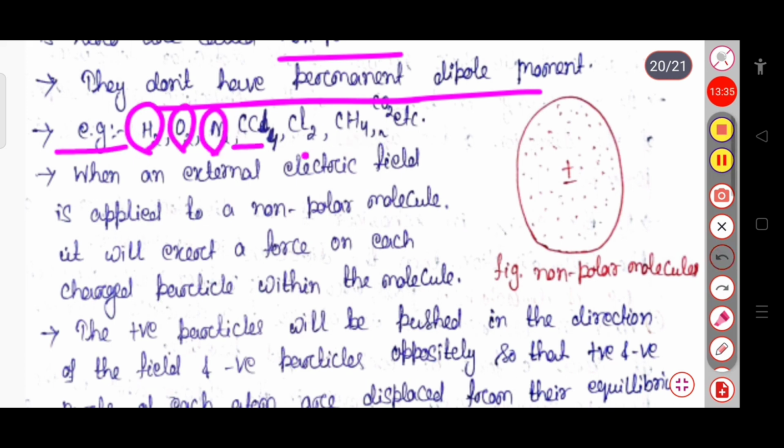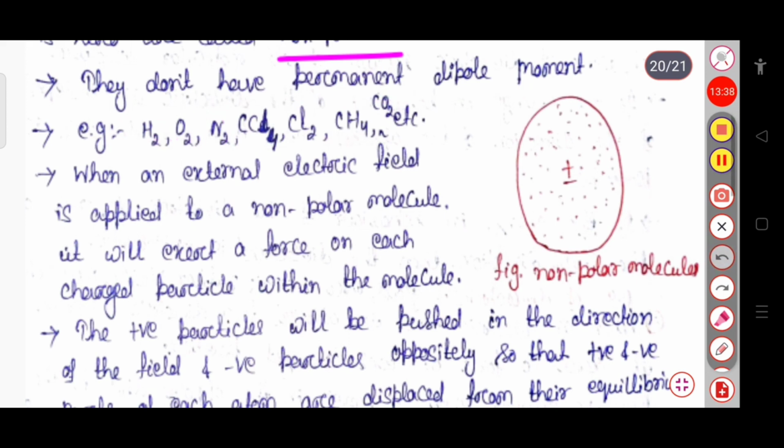Okay, CO2 means carbon dioxide. This CO2 is a non-polar molecule. It is quite different from H2O, the water molecule, because the water molecule is a polar molecule. We will discuss it later. But carbon dioxide is called a non-polar molecule because the carbon makes a double bond with each of the two oxygens, and oxygen has high electronegativity.